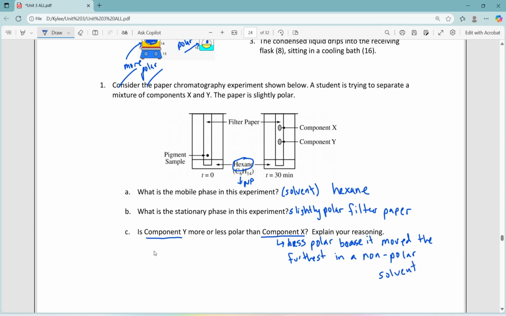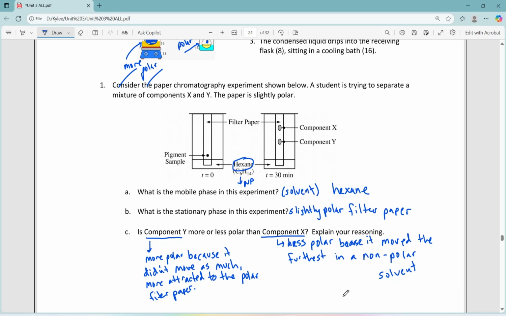And I would say that component Y is more polar. And the reason would be because it didn't move as much, which means that it was attracted to the filter paper. And they did tell us that the filter paper was slightly polar.